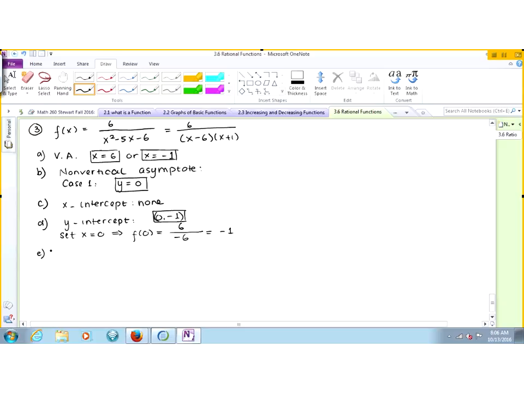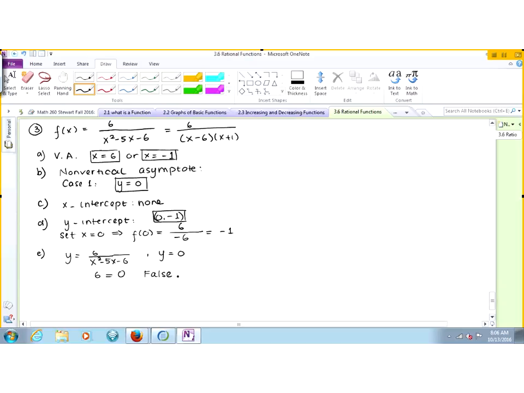All right. Good. Now, do they intersect? Do these two graphs intersect? No, right? y is equal to 6 over x squared minus 5x minus 6. What is the other one? y equals 0. Can you solve them? So when you set them equal to each other, what do you have? 6 is equal to 0. So is this true or false?